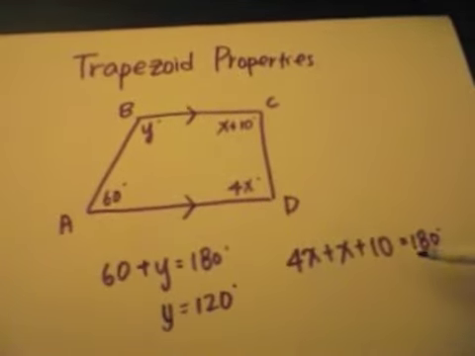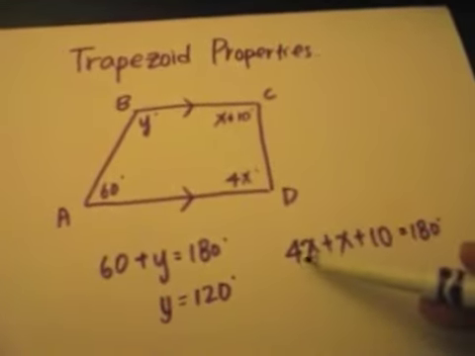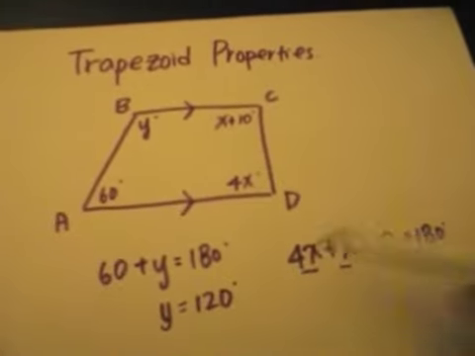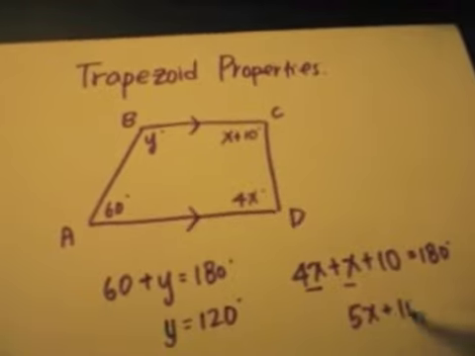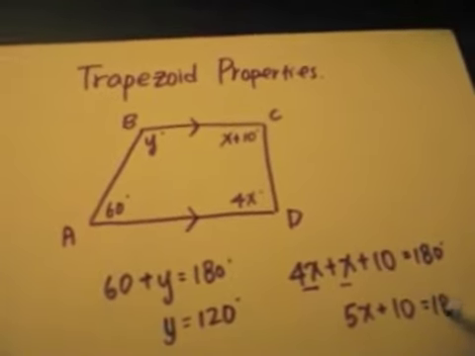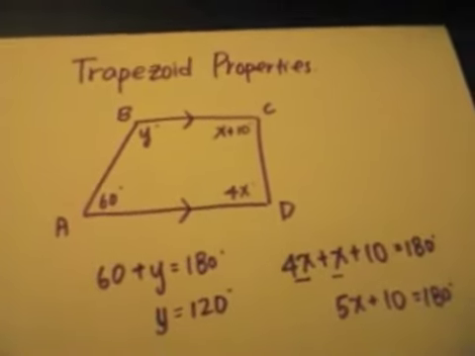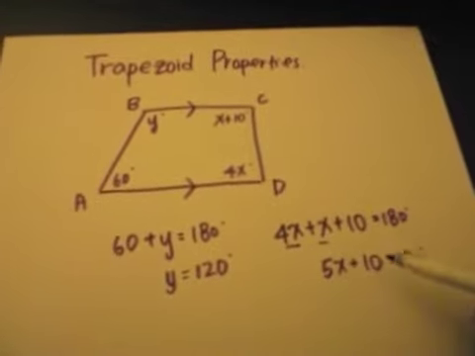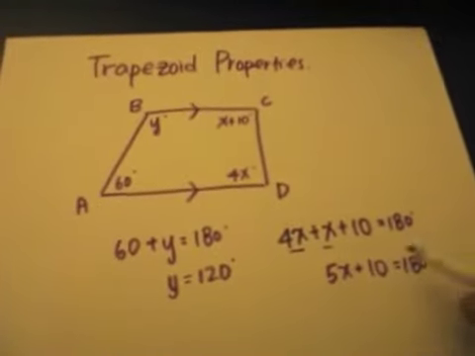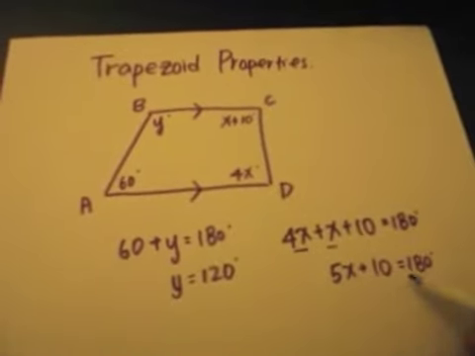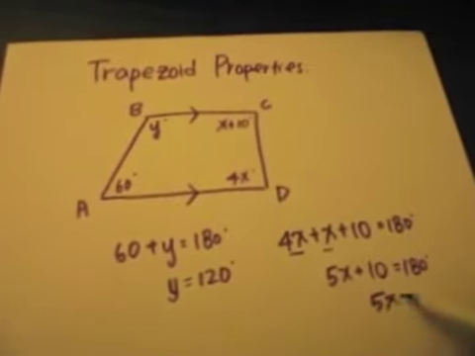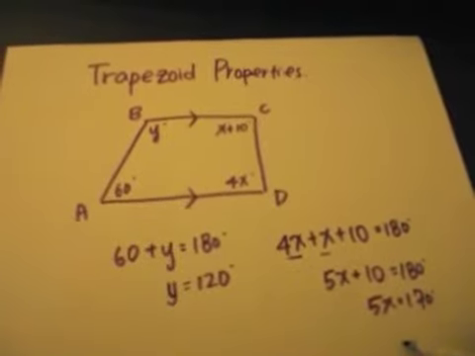I set up the equation, and what do I notice? I have like terms here. I can combine the 4x and the x to get 5x. So I have 5x plus 10 is equal to 180. You can just solve for x here. Subtract 10 on both sides, I get 5x is equal to 170.